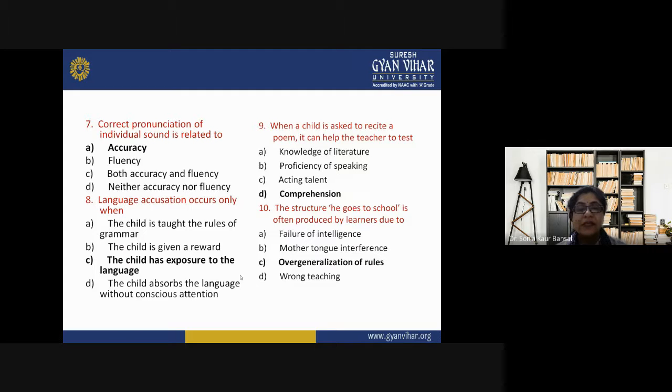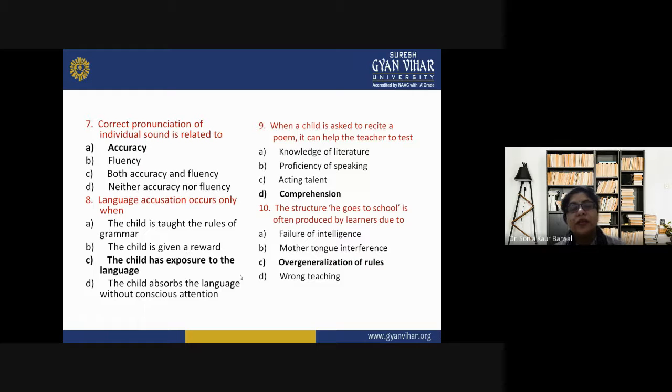So this is something that a teacher is required to do. Now the 10th question is related to structure: He goes to school is often produced by learners due to failure of intelligence, mother tongue interference, overgeneralization of rules, or wrong teaching.